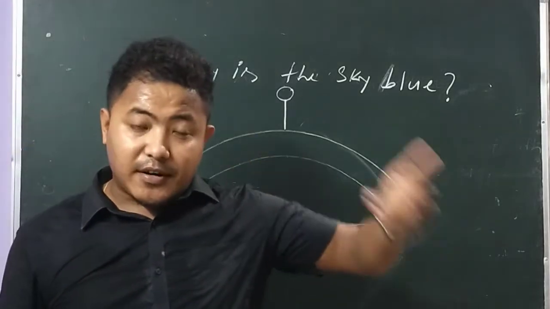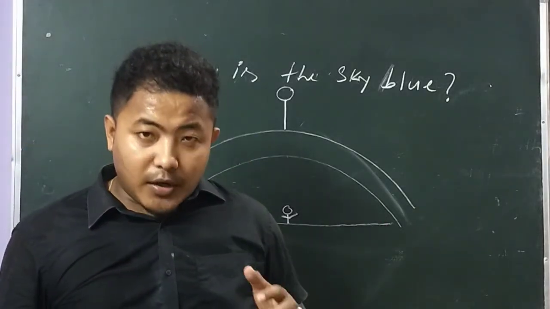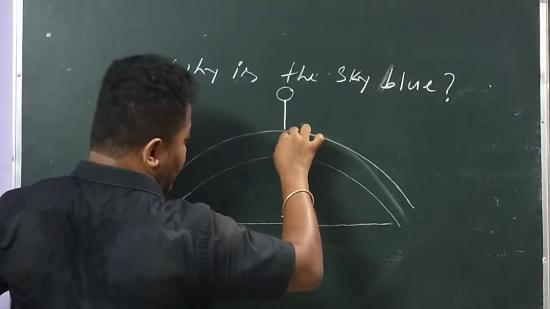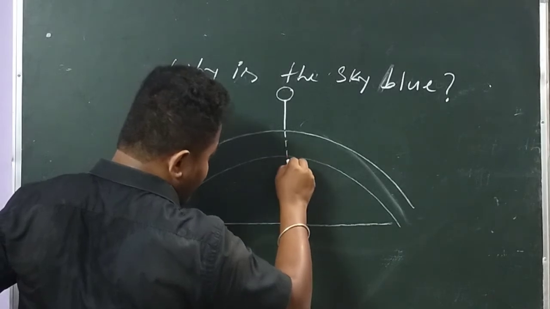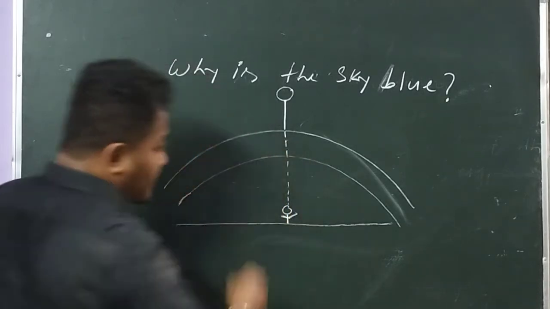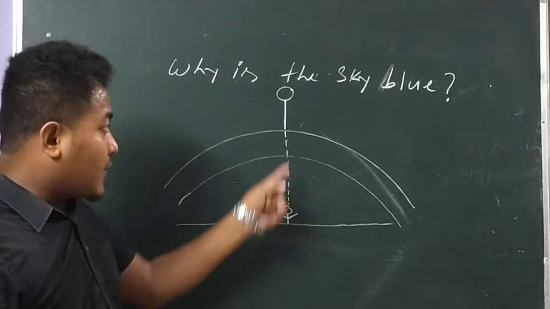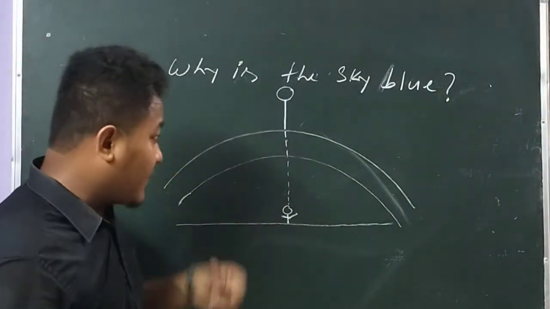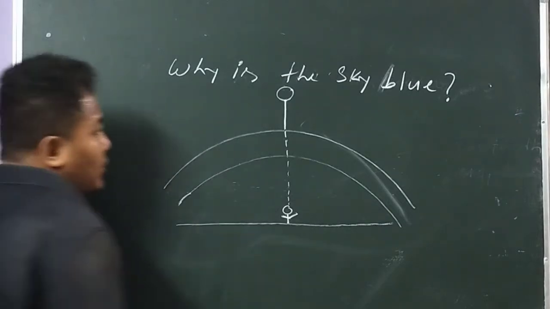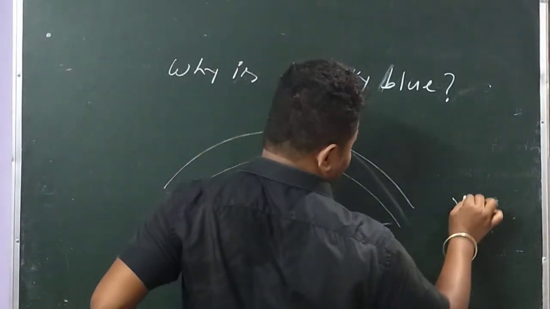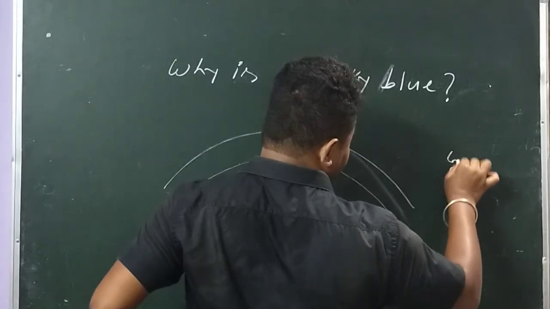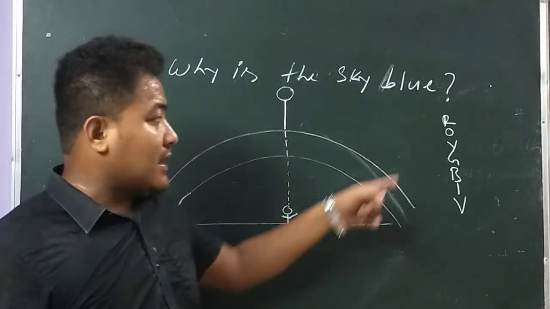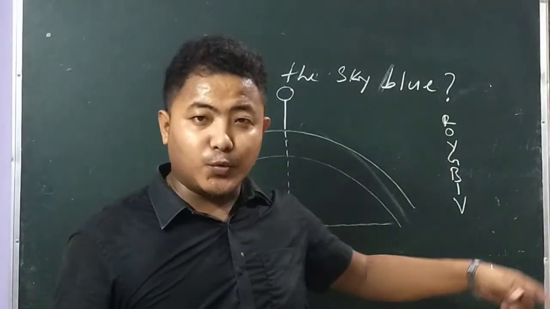All the light will be scattered. Am I clear? When the ray of sunlight reaches the observer's eye, as I told you, the color settings were like that. Now can you tell me which color in these settings will scatter more?